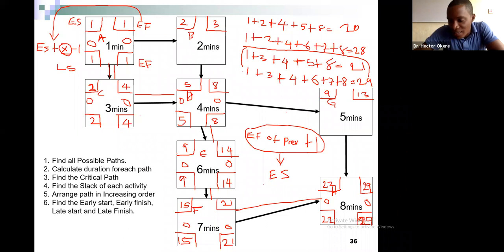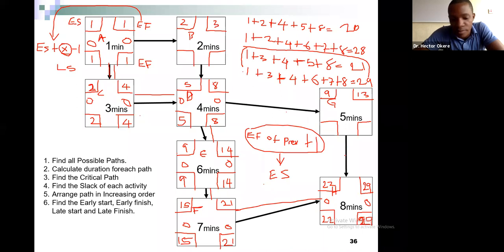Now, since you have calculated for the critical path, you can now calculate for the other path. All right? And what is the other path? This is what is left. And this is what is left. And this is what is left.